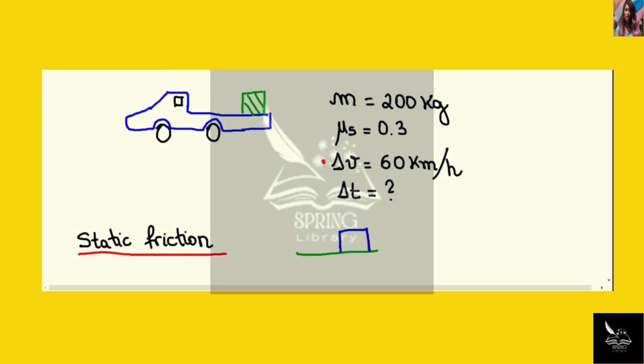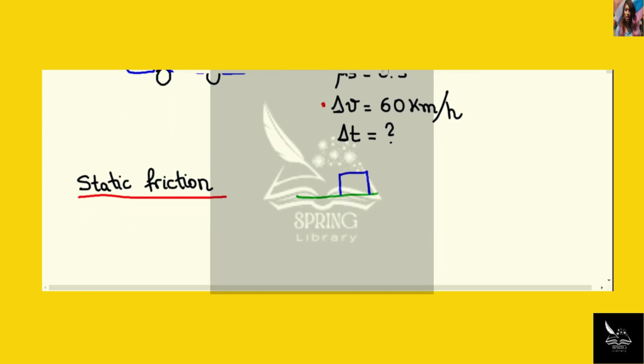So in our case, we have a crate that is at the flatbed of the truck. If the crate is moving with the same speed as the truck, that is, if the crate is at rest relative to the truck, then we will need to use the concept of static friction.